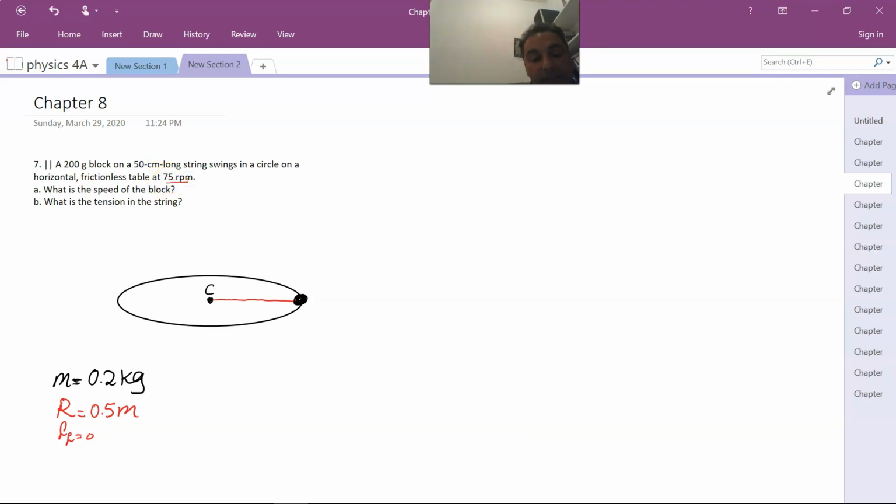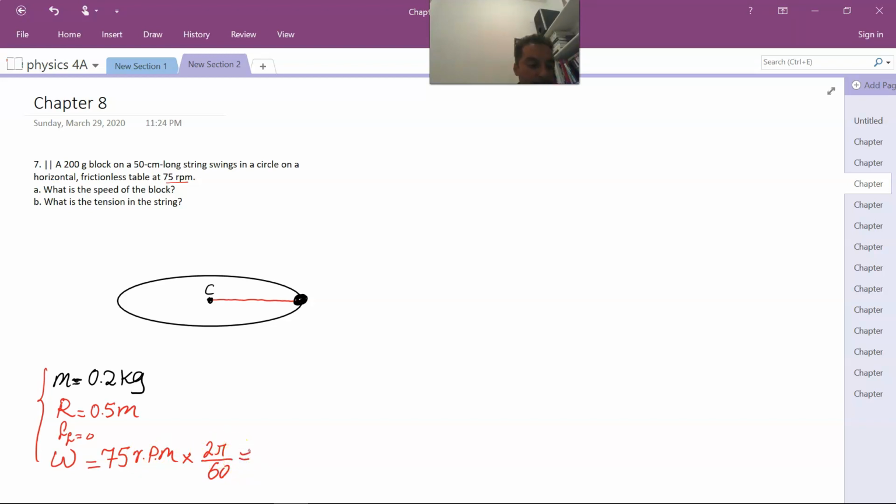75 RPM, what does that mean? What does RPM mean? It is omega. Don't forget this, please. Very quickly, you have to convert this to radians per second. Multiply by 2 pi divided by 60. 1 revolution is 2 pi radians, 1 minute is 60 seconds.